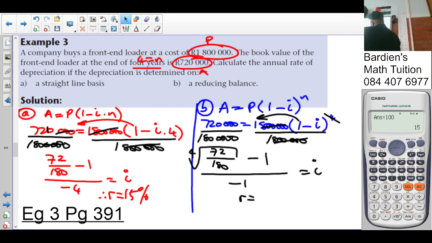So what we have here is the fourth root of 72 over 180, minus 1, over negative 1. That gives 0.2047. You multiply it by 100, you get 20.47%.